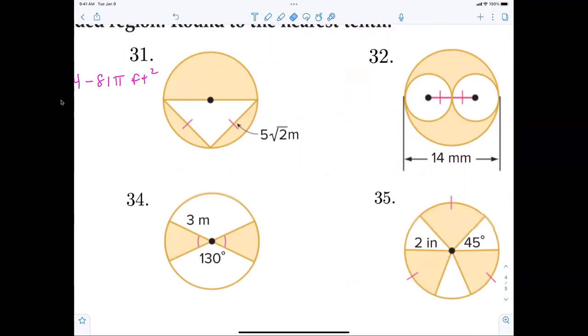Thirty more seconds. Ooh, we got an answer. Go ahead. 25 pi.